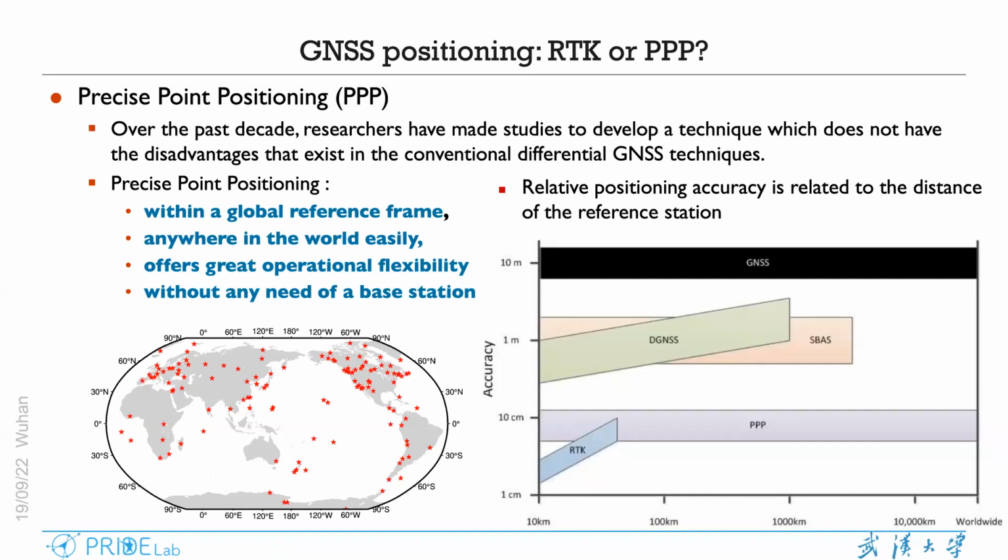So the users needn't know where their reference stations are, and they can still achieve a comparable position and precision to those of RTK. And this is quite advantageous because we do not need any nearby base stations anymore, and we can still achieve a high precision network analysis on a global scale.